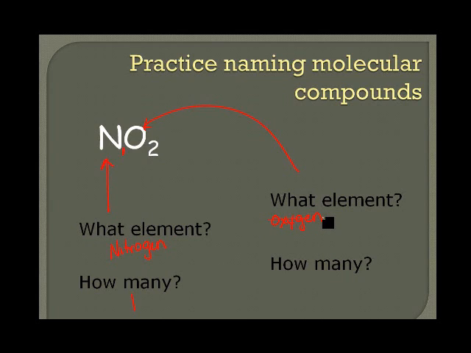And if you recall, we use the root of this word and add the suffix ide, so oxygen is oxide. How many of them? There are 2, which means that we use the prefix di. So the name for this compound would be nitrogen dioxide.